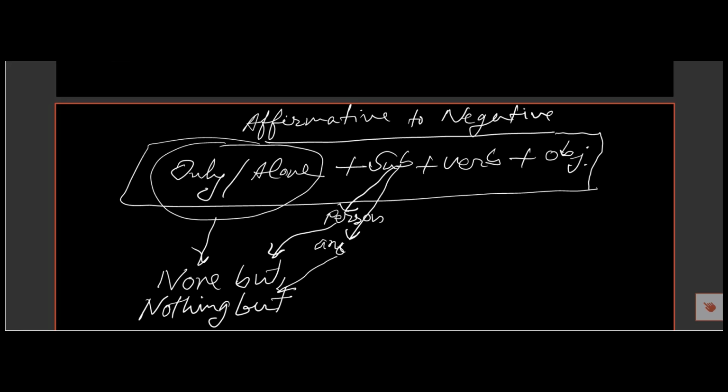It will be animals or objects. So if the subject denotes a person, then it will be "none but." If animals or objects, then "nothing but."